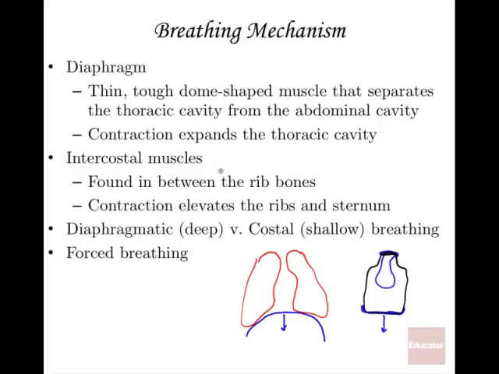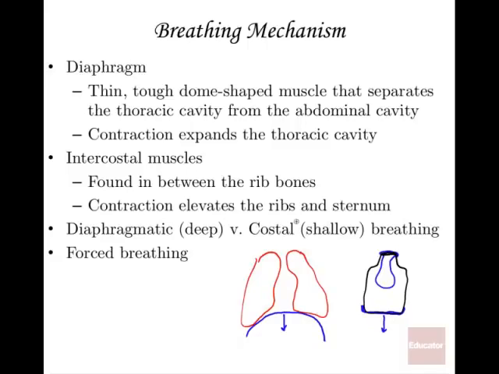The intercostal muscles are another part of the breathing mechanism. When I'm doing more shallow breathing, I'm not making as dramatic a contraction and relaxation of my diaphragm. There are also all the muscles in between the ribs of my thoracic cage.